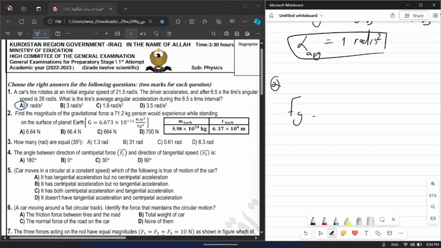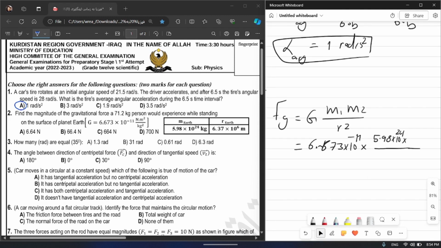We know that the force of gravity, you do know the equation, equals G, the gravitational constant, multiplied by m1 and m2, divided by the radius squared. The gravitational constant, which is given, is 6.673 times 10 to the power negative 11, multiplied by the mass of the Earth, 5.98 times 10 to the power 24, multiplied by the mass of the person, 71.5 kilogram, divided by the radius squared.